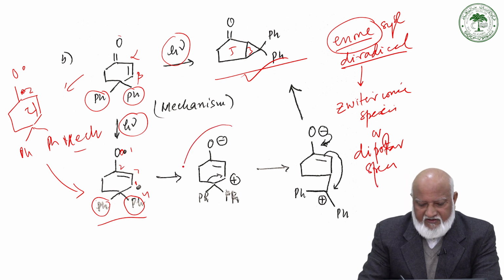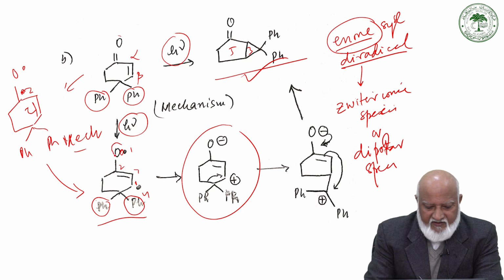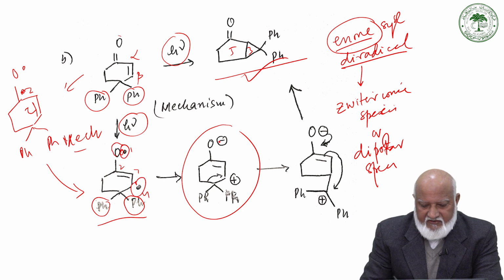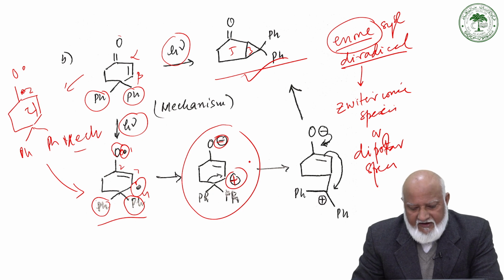This is a specialty of the enone system: when we generate a diradical in an enone system, it is converted to a zwitterionic, or dipolar, species, as shown over here.